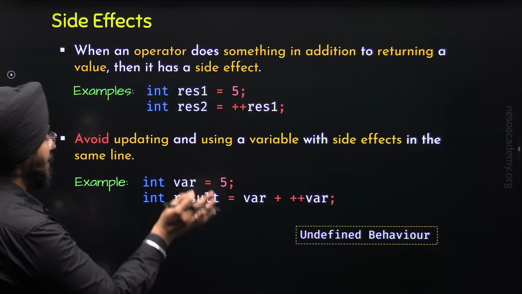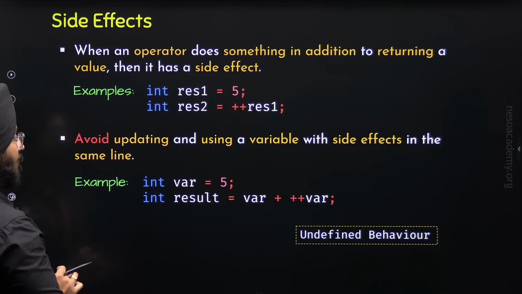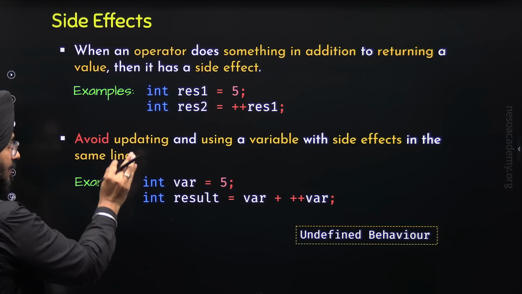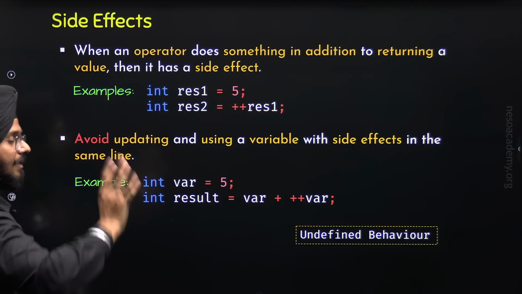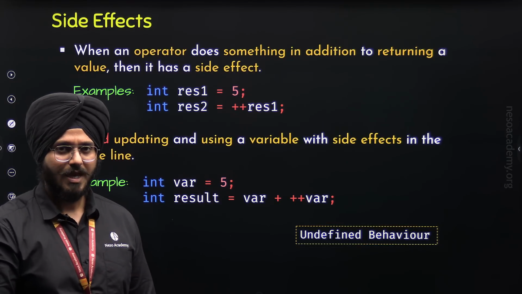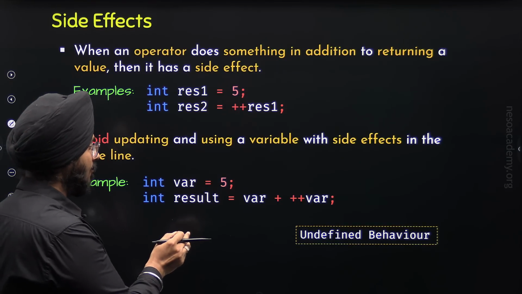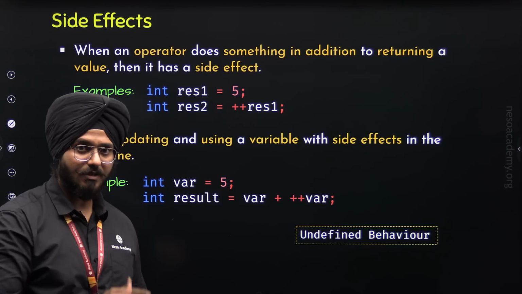So, this is the undefined behavior, and this is the reason why we should avoid updating and using a variable with side effects in the same line. I hope this idea is clear to you. This is important because we do not get the same result every time in every machine.